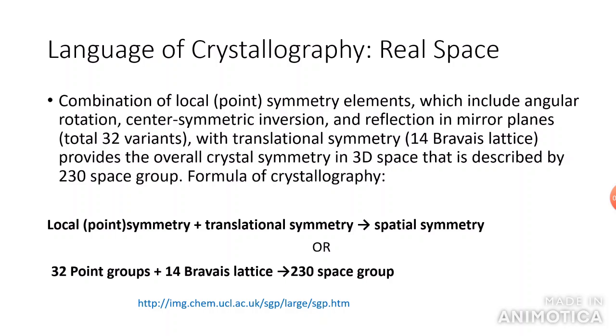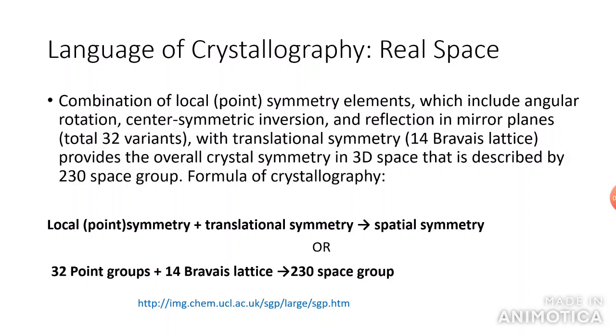So you can define it by a formula: local symmetry plus translation symmetry equals spatial symmetry. So the 32 local symmetry points plus 14 Bravais lattices will form overall 230 space groups.